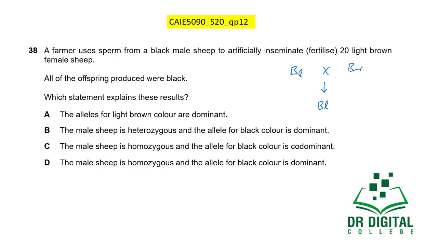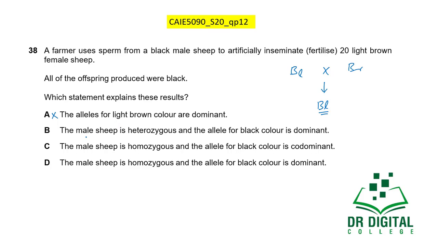Okay, it means black is dominant over brown. Which statement explains these results? The allele for light brown color is dominant. No, this is not true, because if it was dominant, it should appear in the offspring in this generation. The male sheep is heterozygous and the allele for black color is dominant.